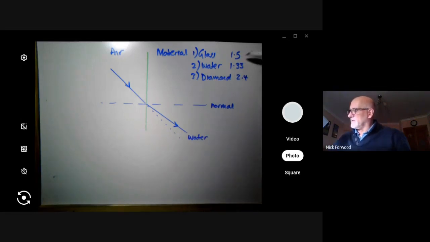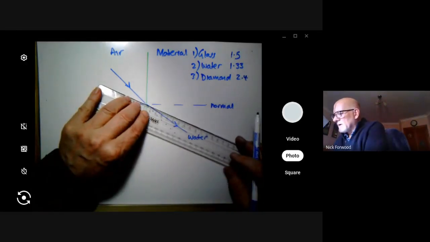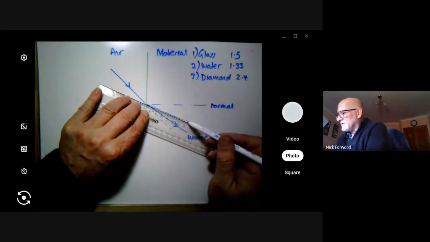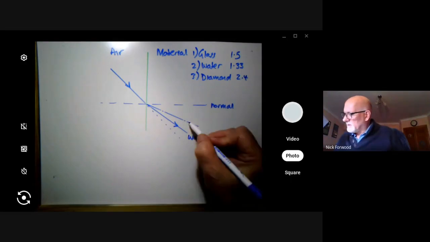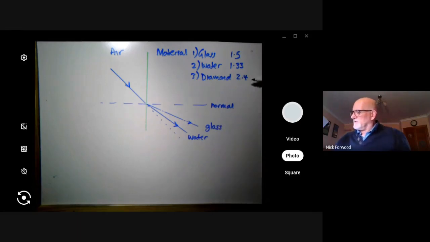Glass, the number is a little bit bigger, so it slows down more and it changes direction more. So I could put this in as a slightly different line there. That would be if this material on the right is glass.